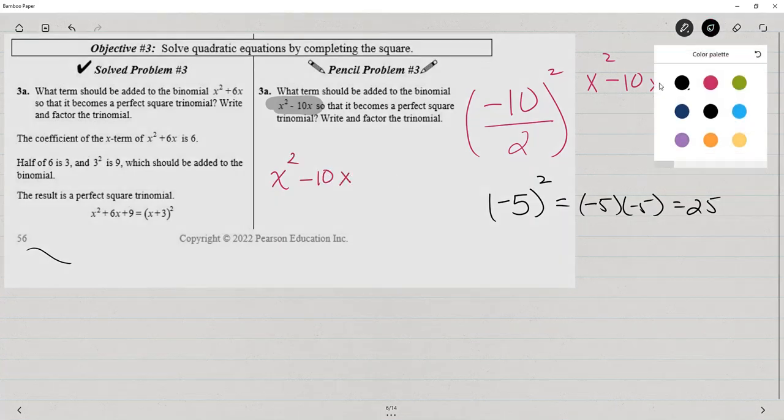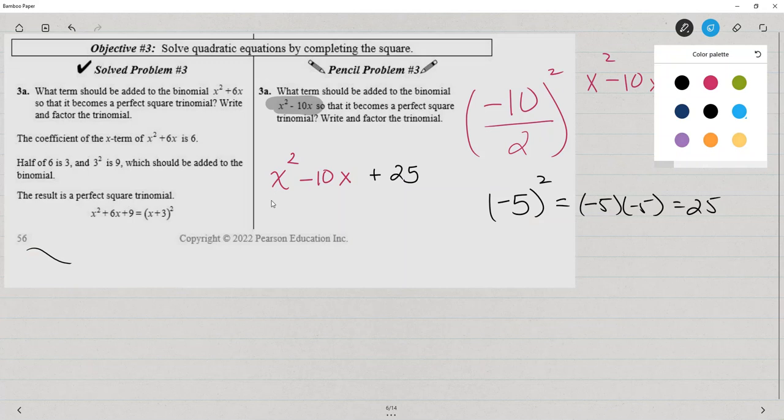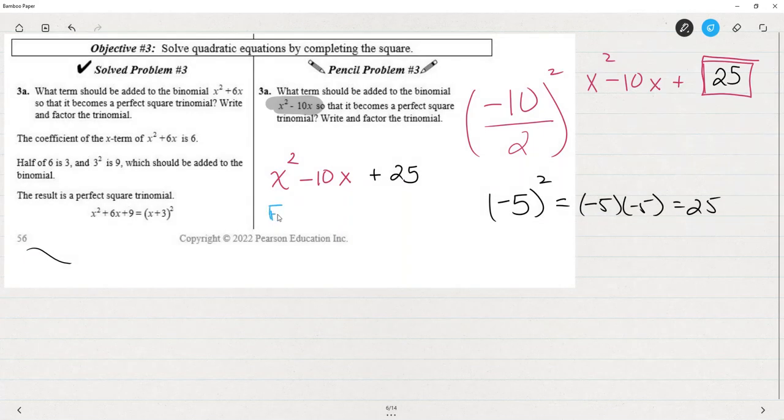And what I found is that I want to add in the 25 and watch what happens when I do that. When I go to factor this, I'm thinking what number multiplies to 25 and adds to negative 10?